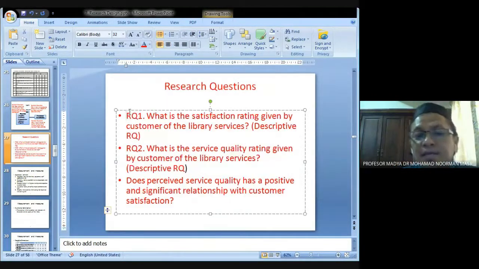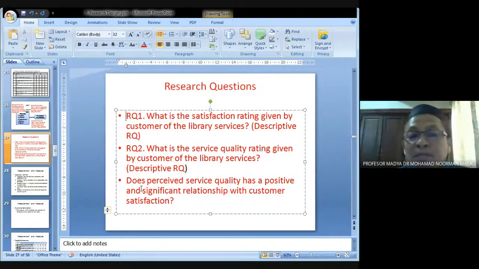So what is the satisfaction rating given by customer of the library services, which is focusing on the DV itself? Research question number 2, what is the service quality rating given by customer of the library services? Okay, that is focusing on the IV. Does perceived service quality has a positive and significant relationship with customer satisfaction? Okay, so that will be the arrow that the research question will be focusing on.